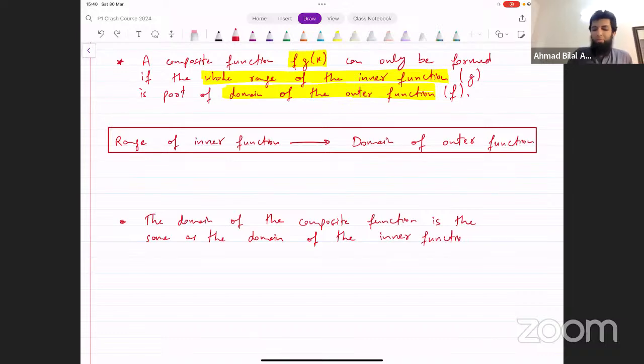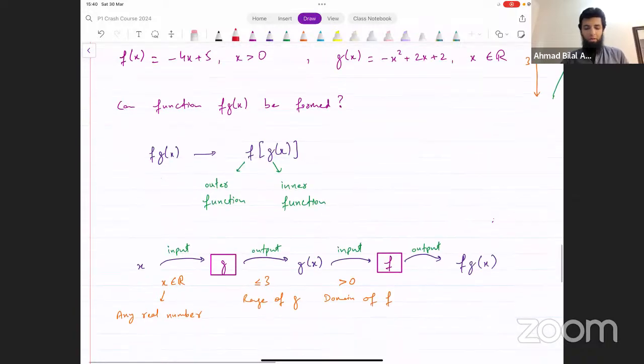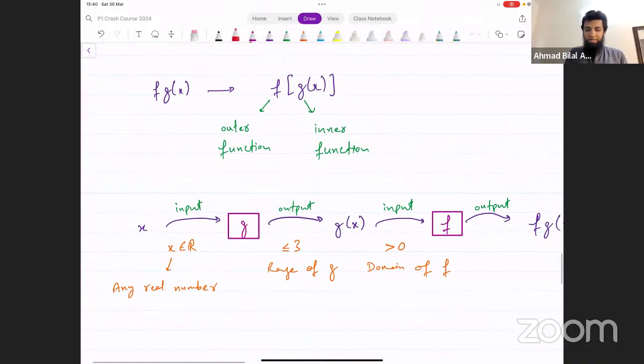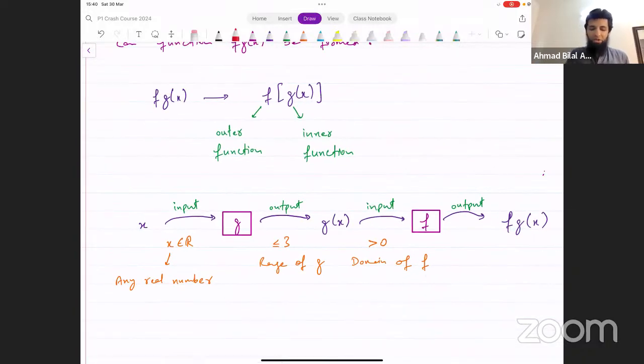So sometimes what can happen is, they might ask you to write down the domain of the composite function that you have found. What would be the domain of the composite function? The domain of the composite function is going to be the same as the domain of the inner function, because when you form a composite function, what exactly is happening? The input that you're giving, the input x, that's actually going to g first of all, which is the inner function in this case, right?